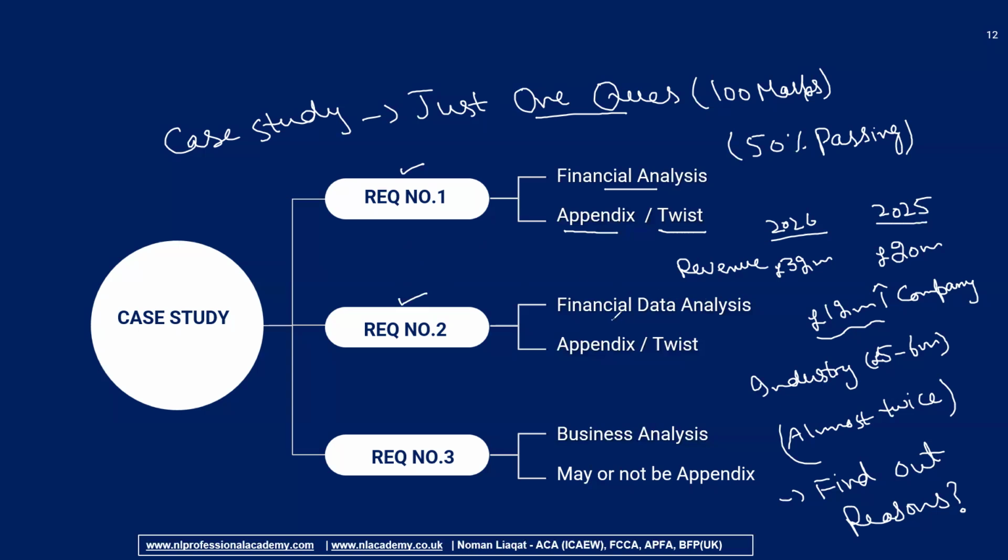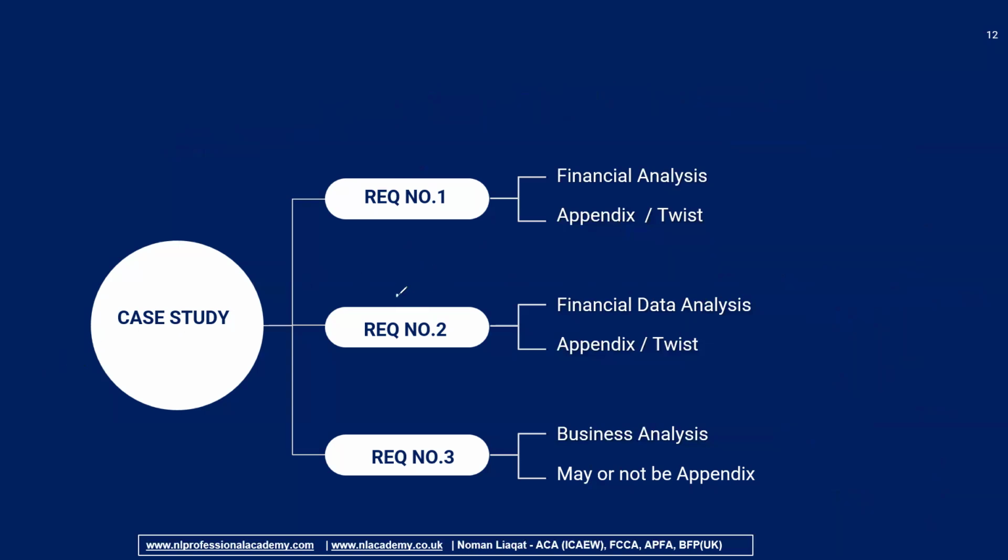And for this, we have FDA, that is called financial data analysis. In requirement 2, we have financial data analysis. What will happen in financial data analysis? For example, in 2025 and 2026, let's suppose we are a books company.